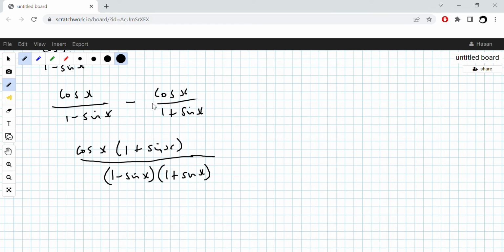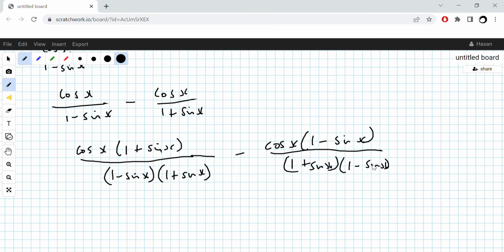Then we're going to have to times bottom left and top right, so that's cos x times 1 minus sine x, all over 1 plus sine x, 1 minus sine x. The reason we did that is we had to make the denominator the same, and when you times the denominator by something, you have to times the numerator by the same thing as well.